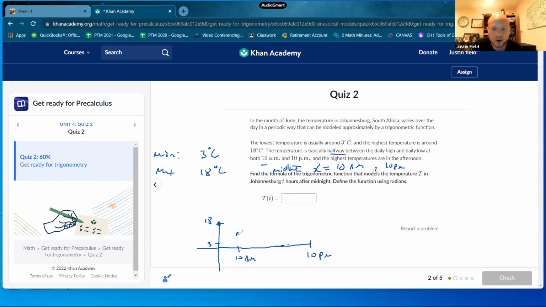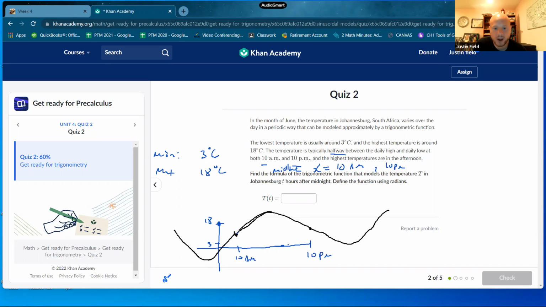First of all, we know where it hits the midline, and we know that the maximum is here, right? So something like this.